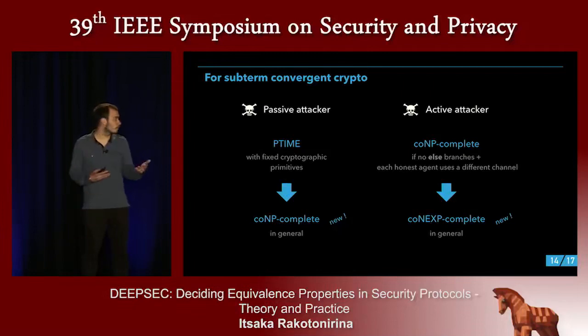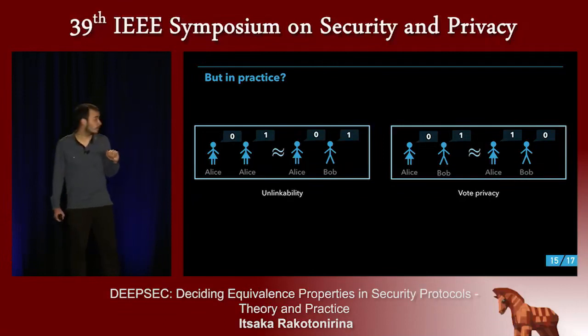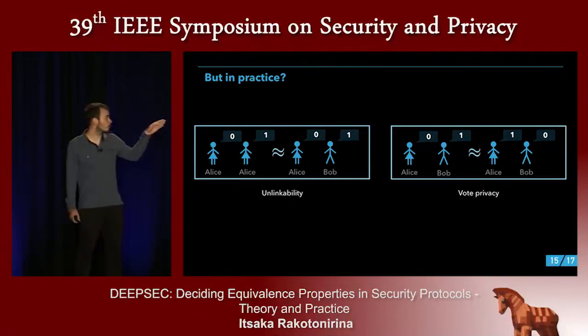But still, when you say that the problem is co-NEXP complete, it's just a theoretical bound relying on a very degenerate example. And you could wonder whether in practice you could get some better results. And that's what we think. So here are 2 examples of security properties that can be modeled by equivalence statements. For example, vote privacy.